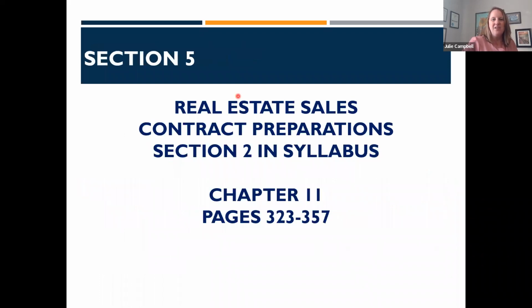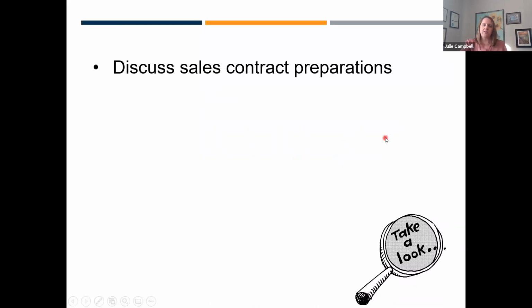So chapter 11 is our sales contract preparations. Again, the syllabus breaks it down into different sections. So to start chapter 11, we're going to discuss some sales contract preparations.